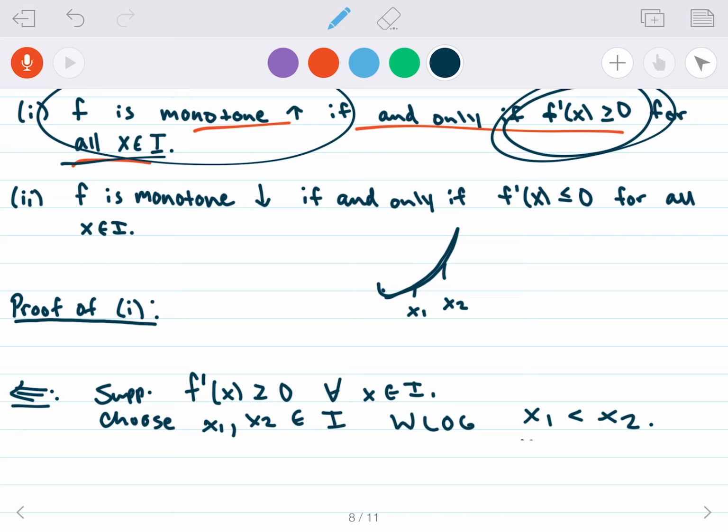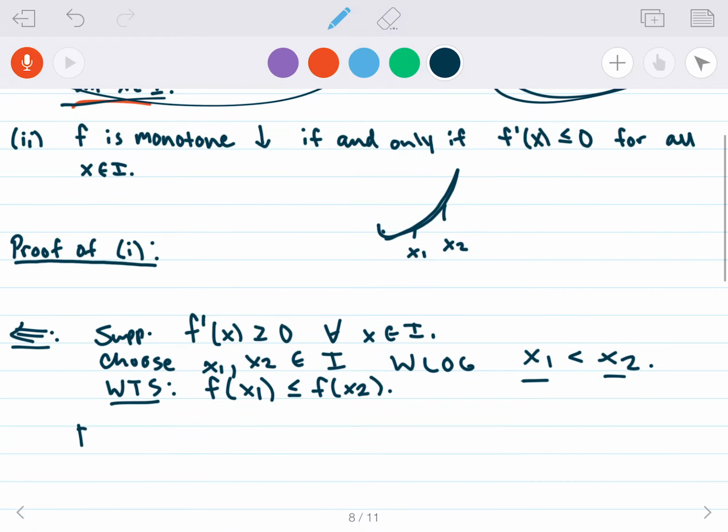Okay, so we want to show that f is monotone increasing. So we want to show that if x1 is less than x2, monotone increasing tells us that we should show that f of x1 is less than or equal to f of x2.